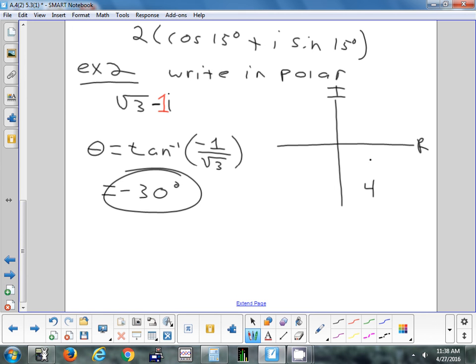x squared plus y squared. All right, so x squared plus y squared equals r squared. Good. Can you tell me what my real part is here?